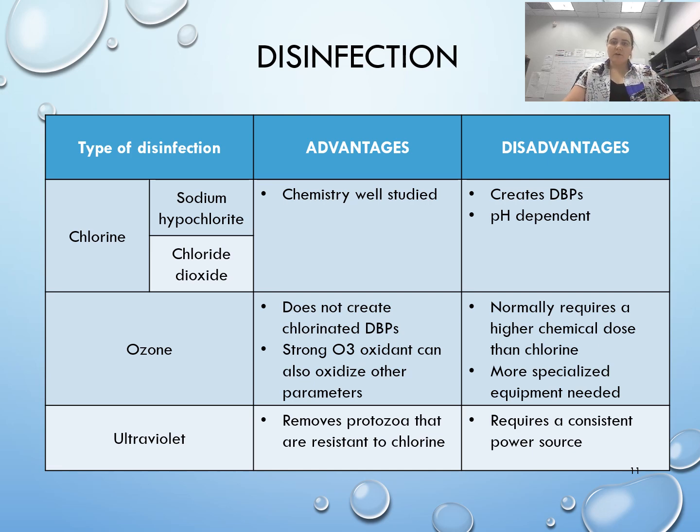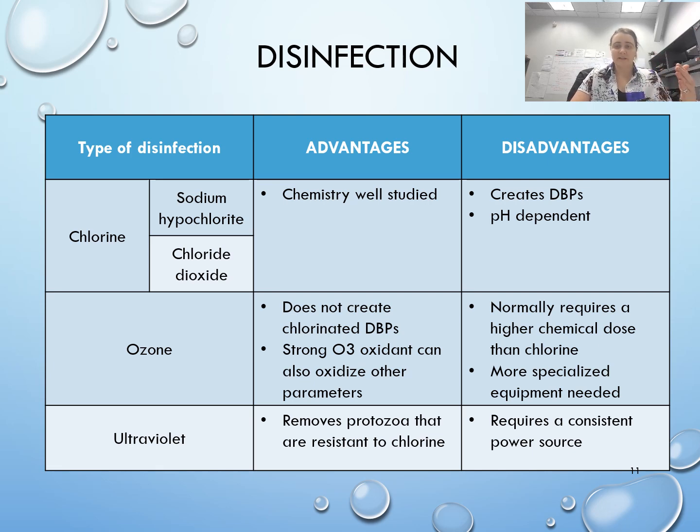Last thing we'll talk about real quick with disinfection is some advantages and disadvantages of these particular oxidants, disinfectants. So chlorine you can have in terms of sodium hypochlorite or chlorine dioxide. The advantage is that the chemistry is well studied. We know a lot about chlorine in the system. It's been used for years.